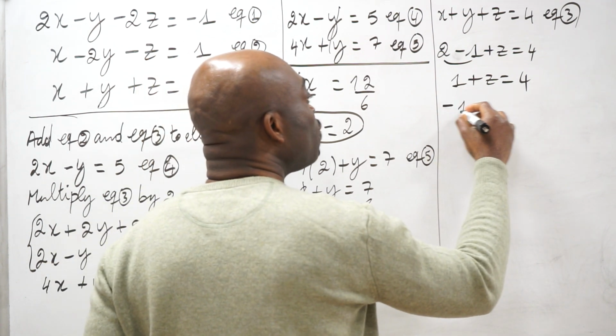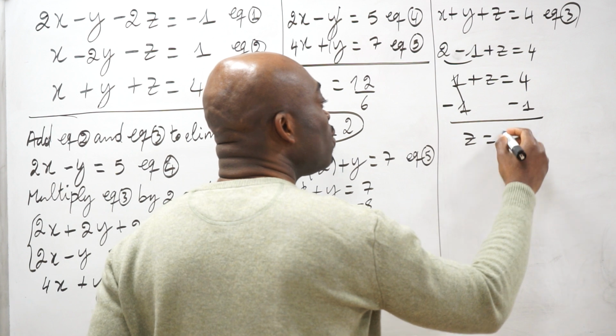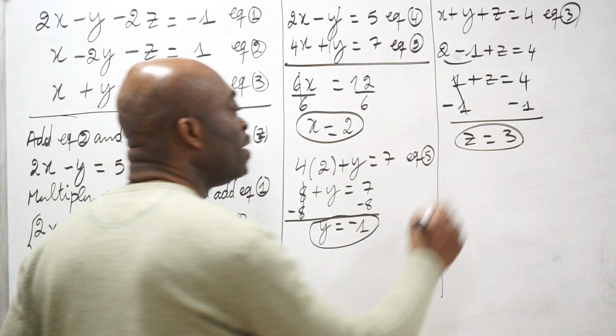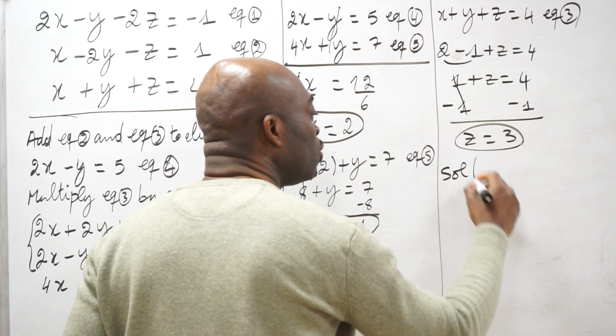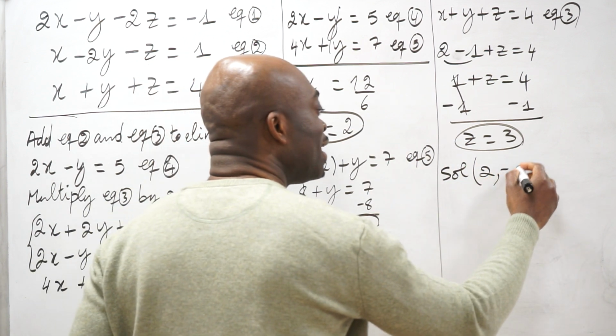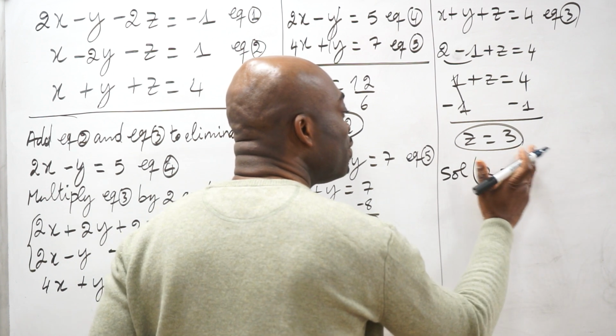And subtract 1 from both sides, because I'm solving for z, then z equals positive 3. And because z equals positive 3, my overall solution is x, which is 2, y, which is negative 1, and then z, which is positive 3.